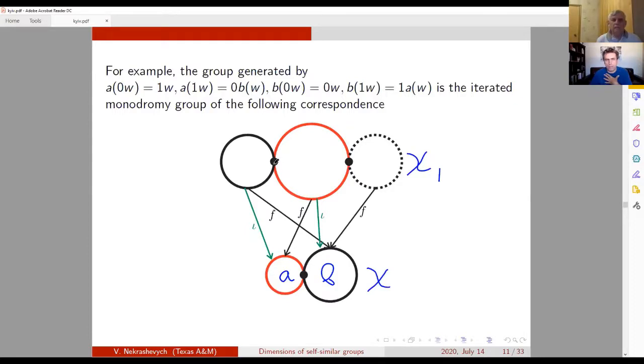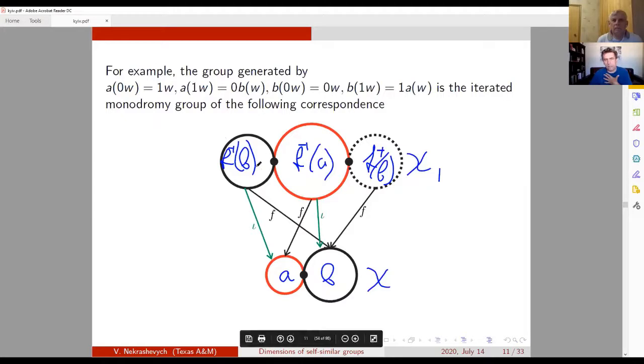So A is covered twice by this circle, so that's the inverse image of A. B is covered twice, once homeomorphically by this loop, and once homeomorphically by this loop. And then iota maps, and you take it as local isometry.